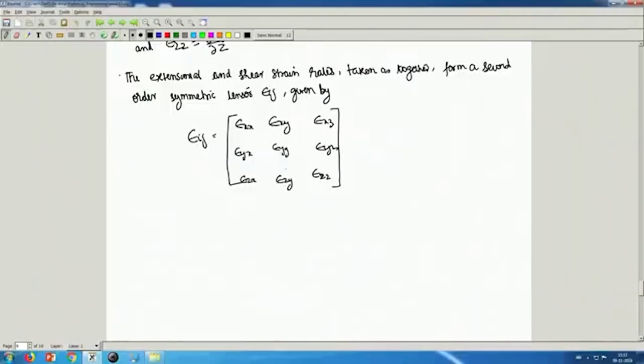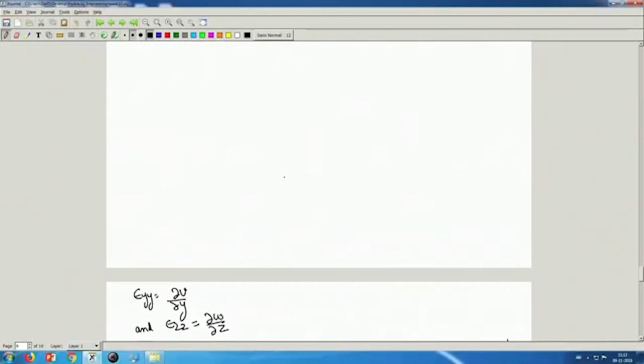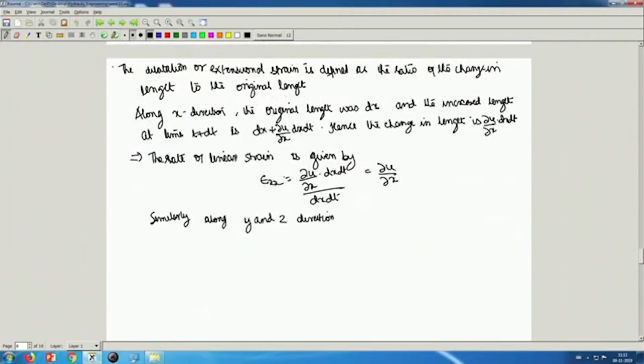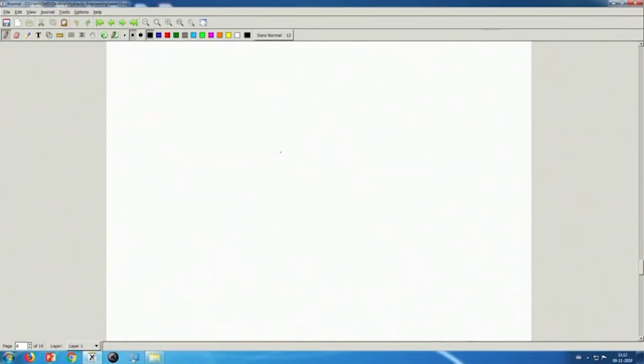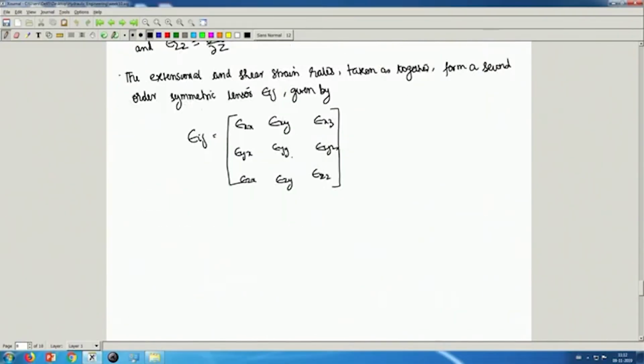Welcome back, students, to this week's lecture. In the last two lectures we looked at the basic fluid properties, then we derived the rate of shear strain, an important property which we are going to use in our further analysis.